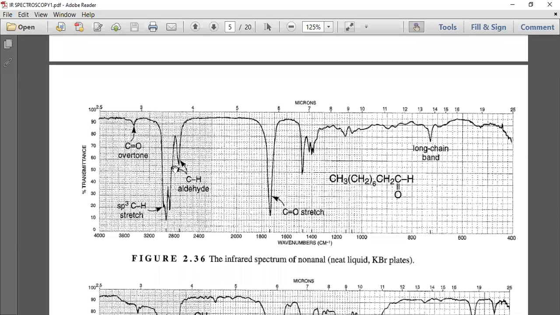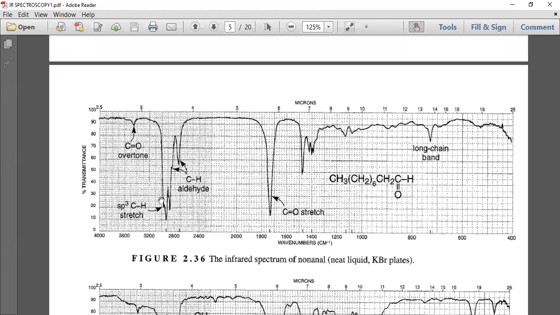Okay, but yeah, it is clearly showing a hump here, right? So this small hump, you can say it is the doublet. Then an overtone with a weak intensity, generally double of this frequency, 1725 into 2, so around 3450. So it will be the overtone for that.